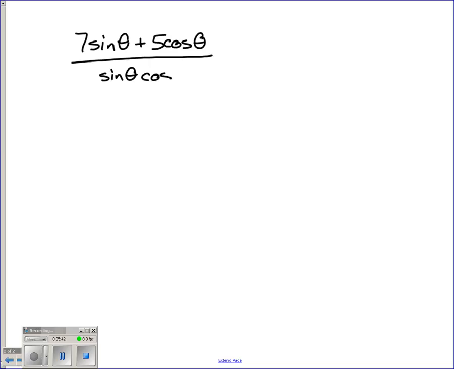It's 7 sine of theta plus 5 cosine theta divided by sine theta cosine theta, and that's equal to 7 secant theta plus 5 cosecant theta.